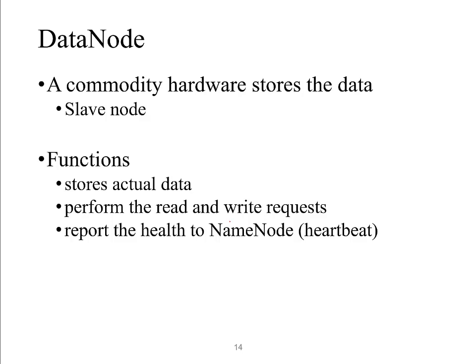It is good because we're going to have a lot of data nodes, and the low requirement of data nodes helps us reduce the cost of building the whole system. The functions of data nodes are relatively simple. It stores the actual data, the blocks of the files, and it performs the read and write requests.